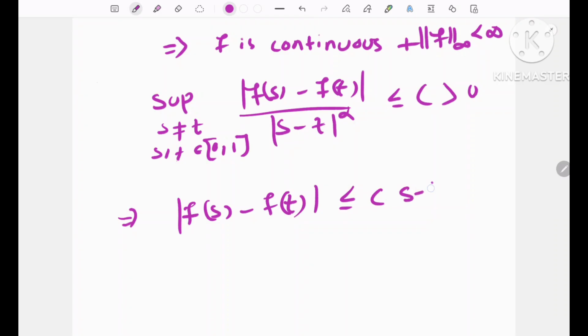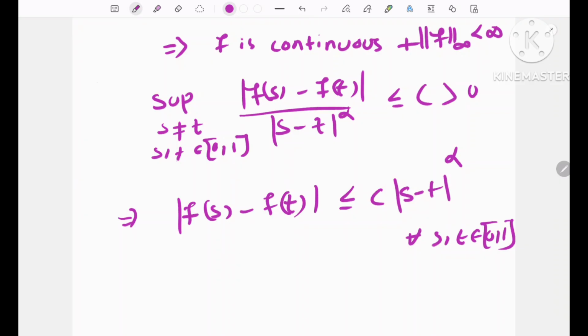When s equals t it is also not a problem: it vanishes and it is a non-negative quantity, so it holds for all s and t belonging to [0,1]. Here it was not s equal to t, but we can get s equal to t also, no problem.